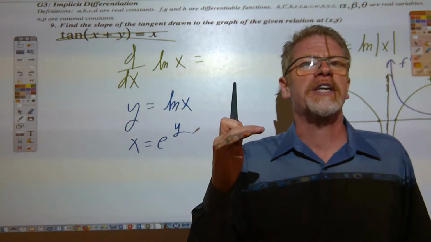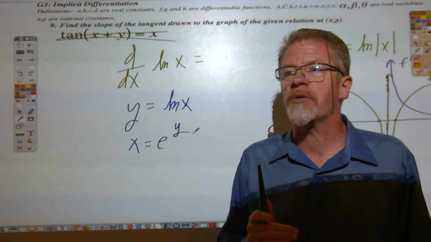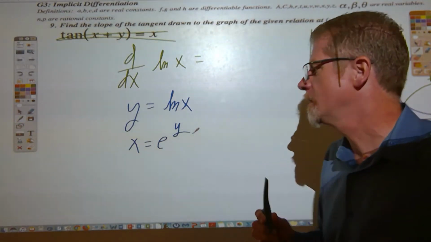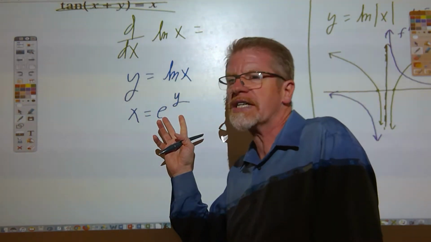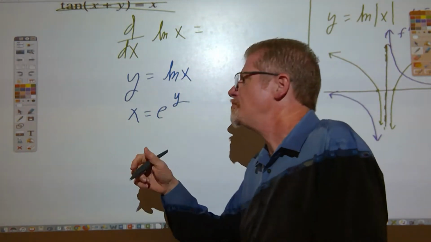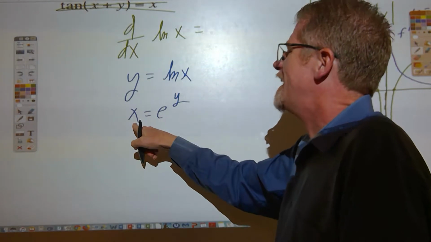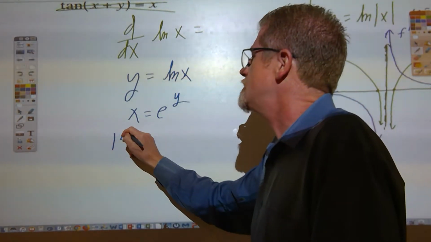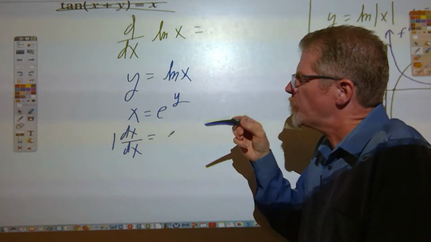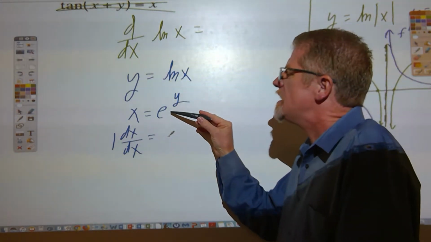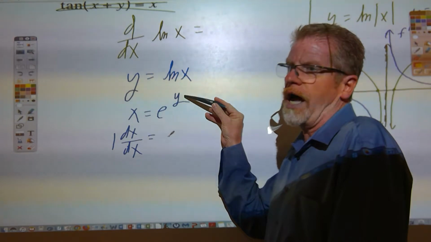At this point, we can now use implicit differentiation to find y prime. Let's differentiate both sides with respect to x implicitly. The derivative with respect to x of x is 1, dx dx. Would you please write down what is the derivative with respect to x of e to the blob, e to the y?